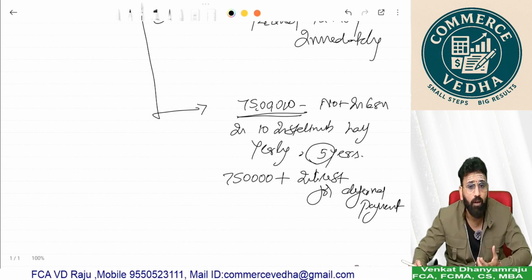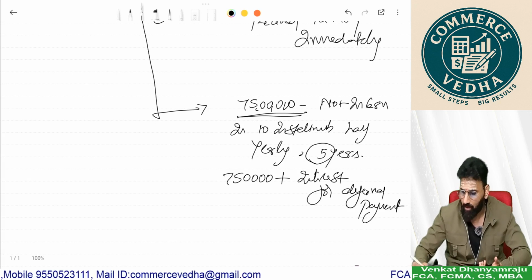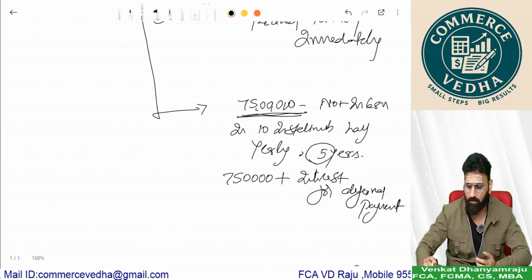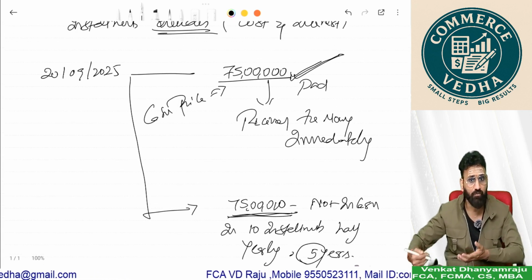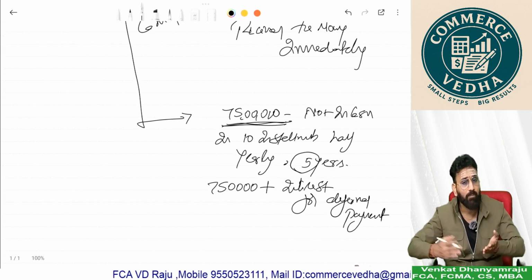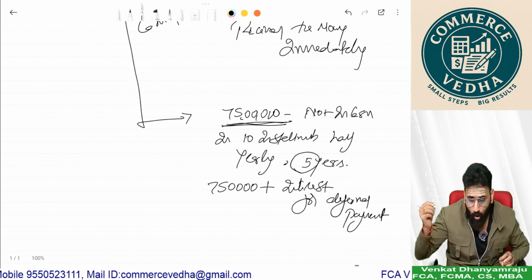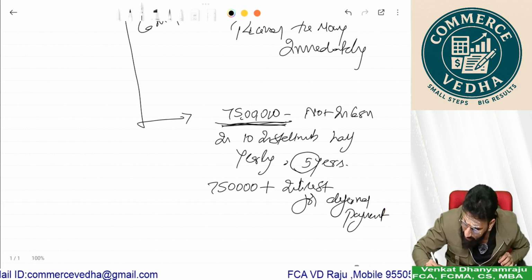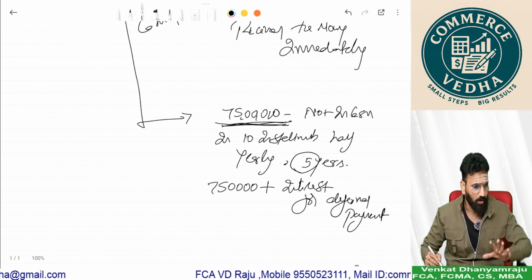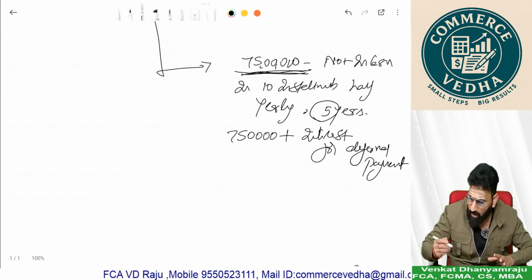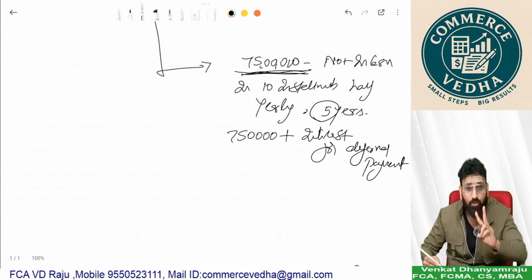So he's taking 5 years time to make the payment. So the price can't be 75 lakhs, because 75 lakhs today is different, and after 5 years 75 lakhs in installments is different. So the vendor always wants to add interest to this money. Right. So there are two important price concepts we should learn here.